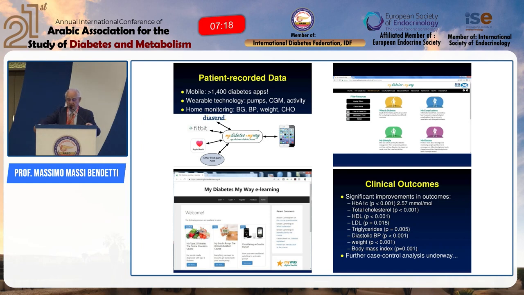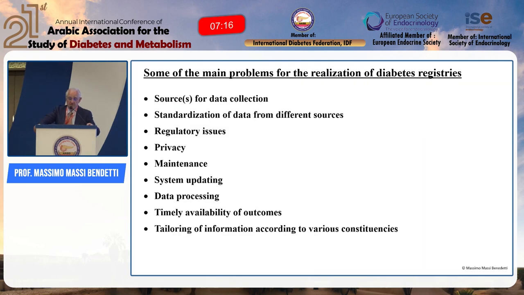So some of the main problems, however, in the realization of the diabetes registry are the source of data collection, the standardization of data from different sources, the regulatory issue, privacy, maintenance, system updating, data processing, timely availability of outcomes, tailoring of information according to various constituencies.